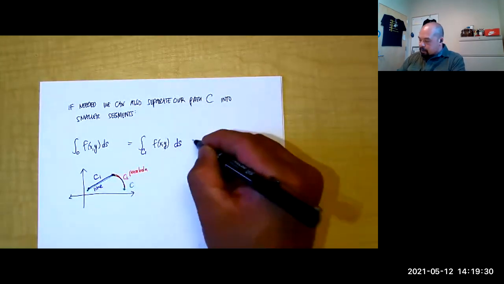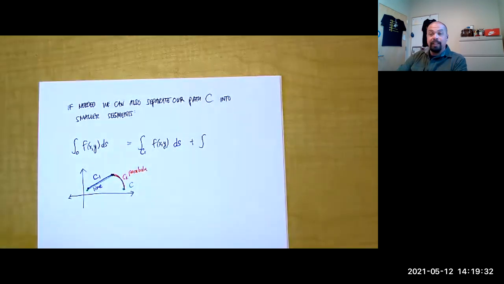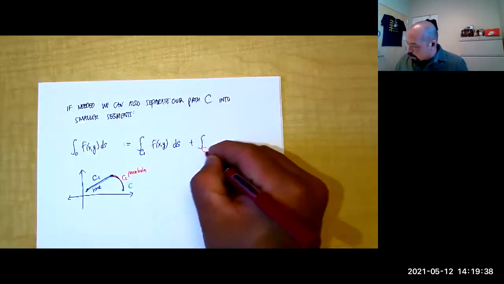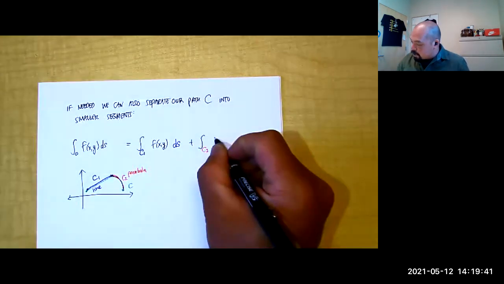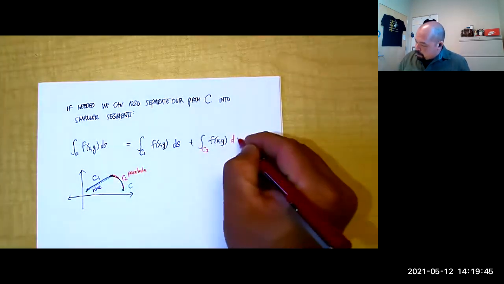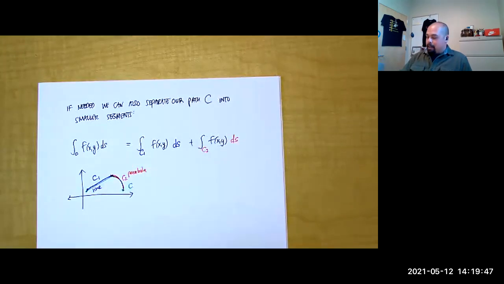But just the way we can separate our regions with our double integrals before, we can separate these curves over which we're integrating, these paths that we're following. It's still the same function acting on that curve, but the way we parameterize may be different.